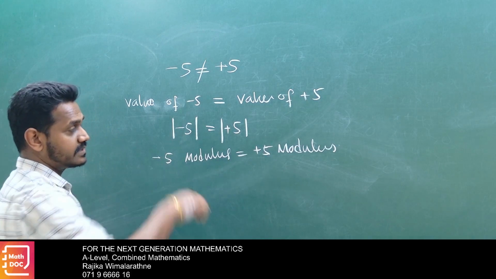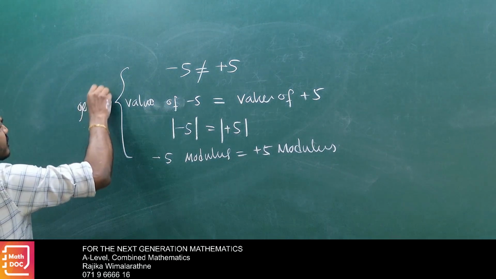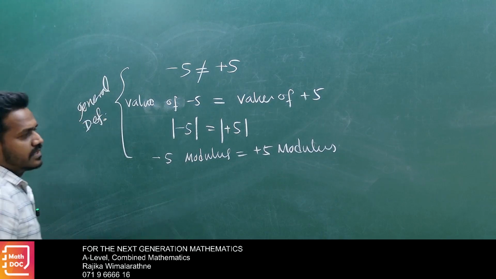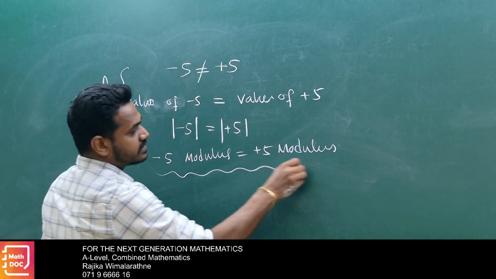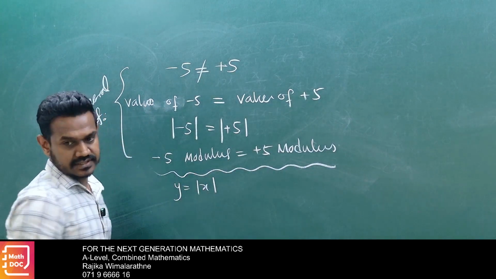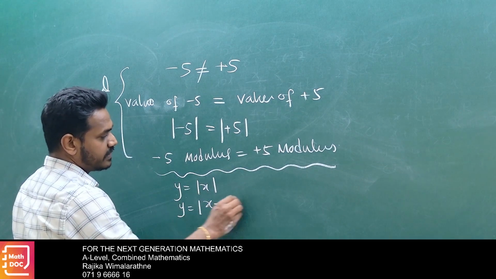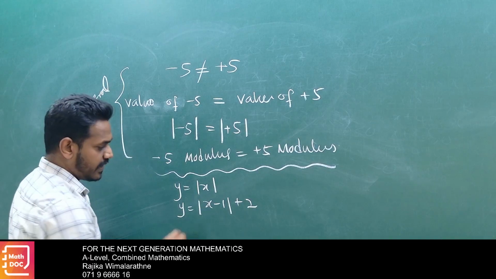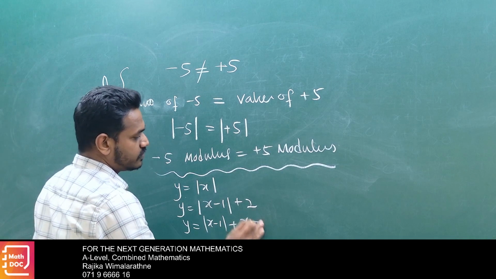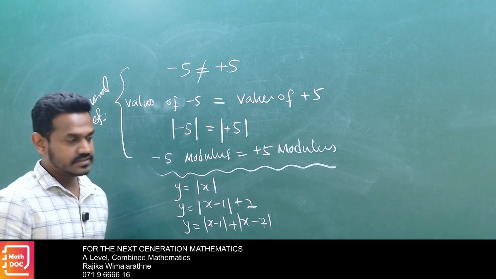This is about modulus. Then here is the general definition of modulus. There are functions like y equals modulus x, y equals modulus of x minus 1 plus 2, then y equals modulus of x minus 1 plus modulus of x minus 2, likewise an addition of 3 modulus functions.